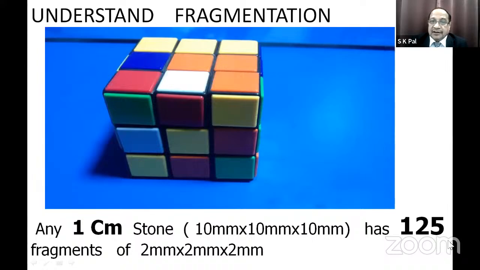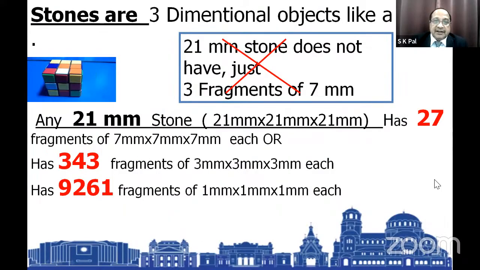So if you try to understand fragmentation, you must think that the stone is not a straight chip. It is a cube. It has all 3 dimensions. If we consider a 1 centimeter stone, 10 into 10 into 10 millimeters, it will have 125 fragments of 2 into 2 into 2, not only 5. Similarly, take a 21 millimeter stone, which is the usual stone we take up for PCNL, or bigger.